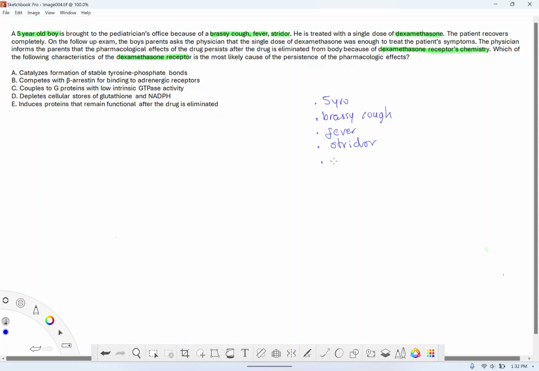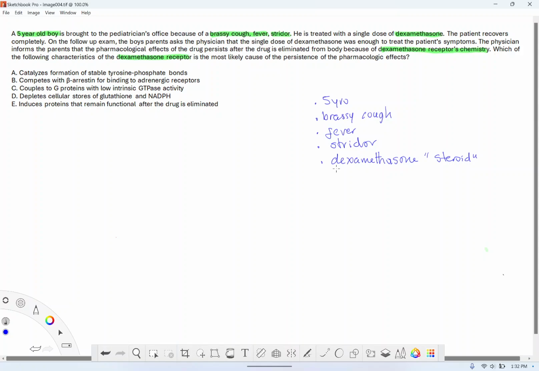And then he's given dexamethasone, and dexamethasone actually helps him recover. Dexamethasone is a corticosteroid. Remember, corticosteroids inhibit phospholipase A2, therefore decreasing prostaglandins and leukotrienes.